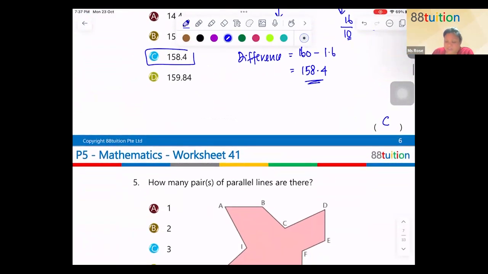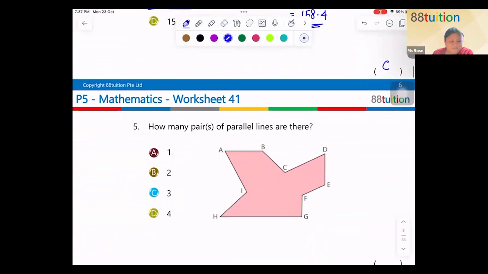Now question number 5. What's the answer to number 5? Anyone? Raymond says C, which is 3.